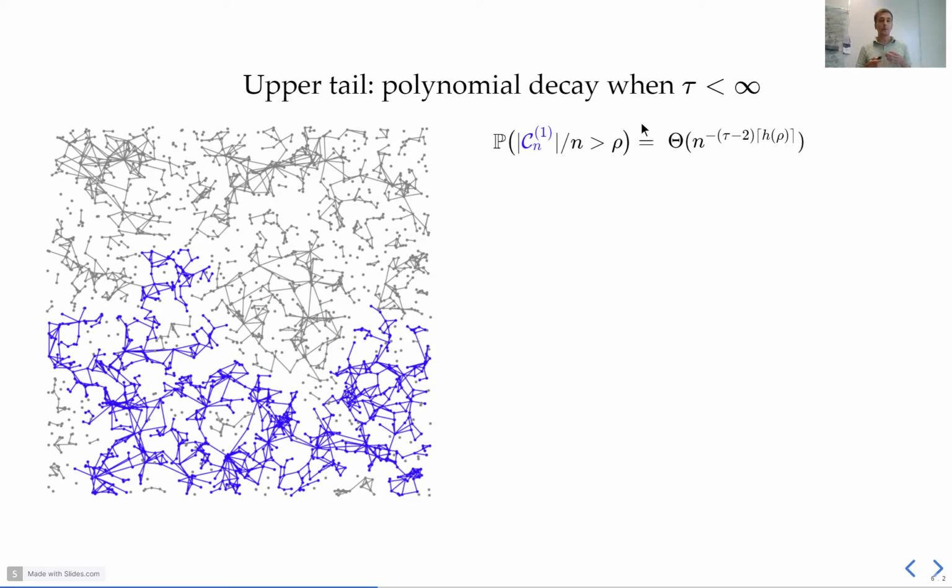And my claim, which we can actually prove, is that having exactly this h_rho number of hubs is the best way to increase the size of the giant to above rho times n. Any other strategy that you could come up with will have smaller probability than this decay that we see here on the right. So the goal is to find an event that realizes the giant being larger than rho n. Okay, thanks.